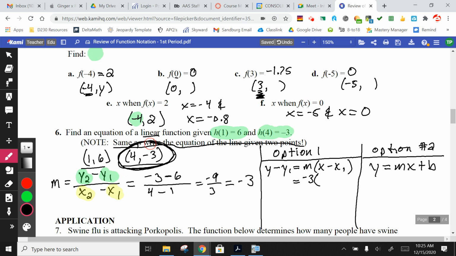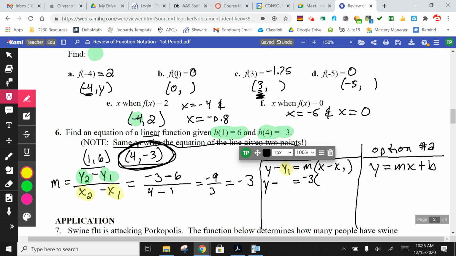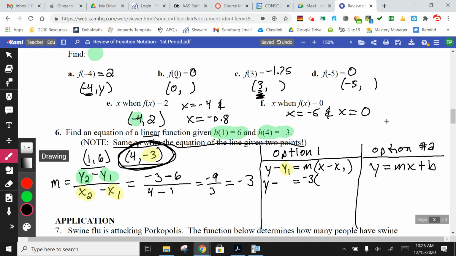So now all that means is I'm going to take y and I'm going to subtract. Notice how you have this little y sub 1 here? That means I want the y coordinate in the point that we just picked. So notice how that y coordinate is a -3. So I'm going to plug in a -3 right there.